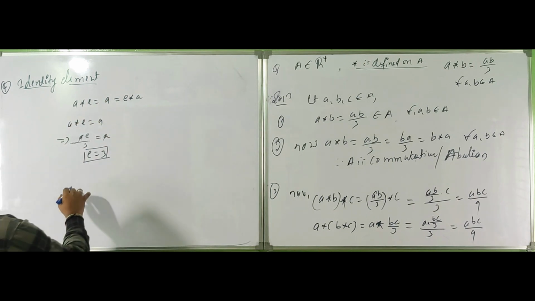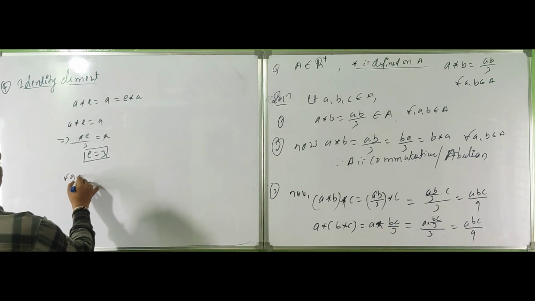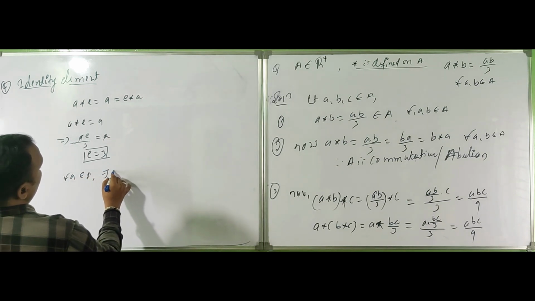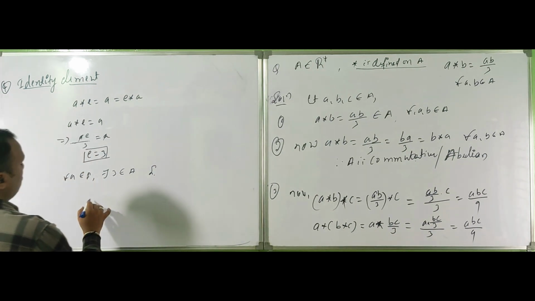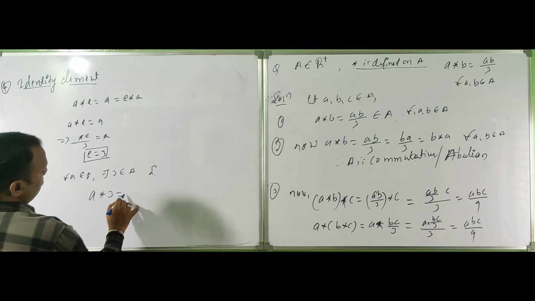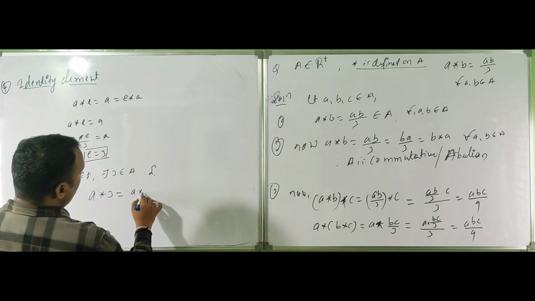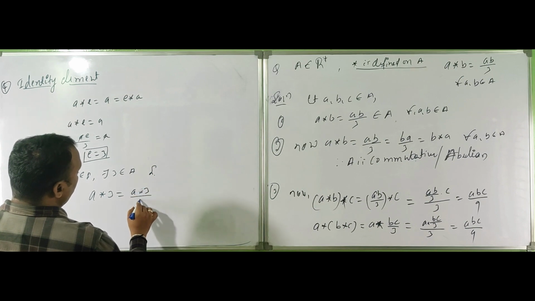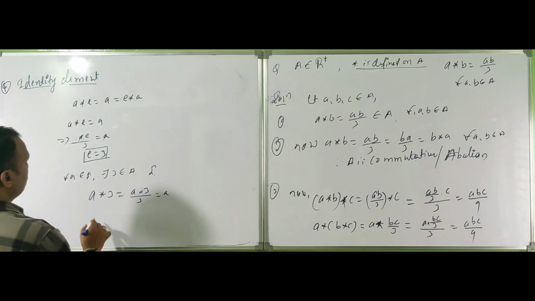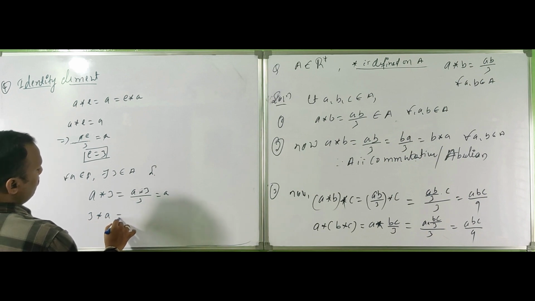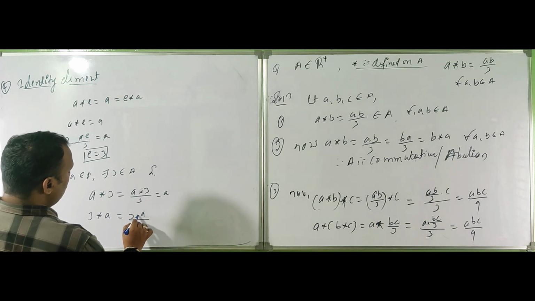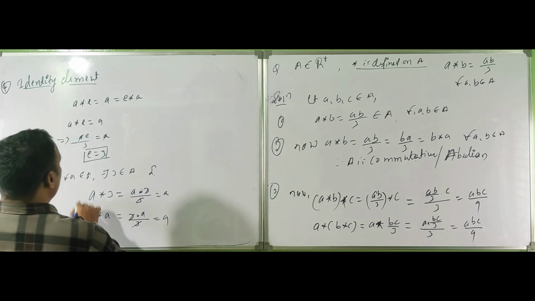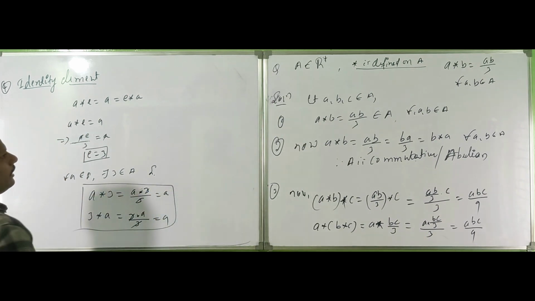So for all A belongs to A, there exists 3 belongs to A such that A star 3 is equal to A into 3 by 3, which is equal to A. Similarly, 3 star A is equal to 3 into A by 3, the 3 gets cancelled, A is equal to A. Therefore, 3 is the identity element.